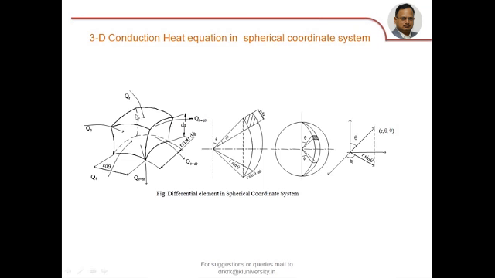If you consider the energy balance for this, the energy entering is equal to energy leaving: Q r plus Q phi plus Q theta is equal to Q r plus dr plus Q phi plus d phi plus Q theta plus d theta. Theta vector is going into the paper and coming out of the paper perpendicular to it.